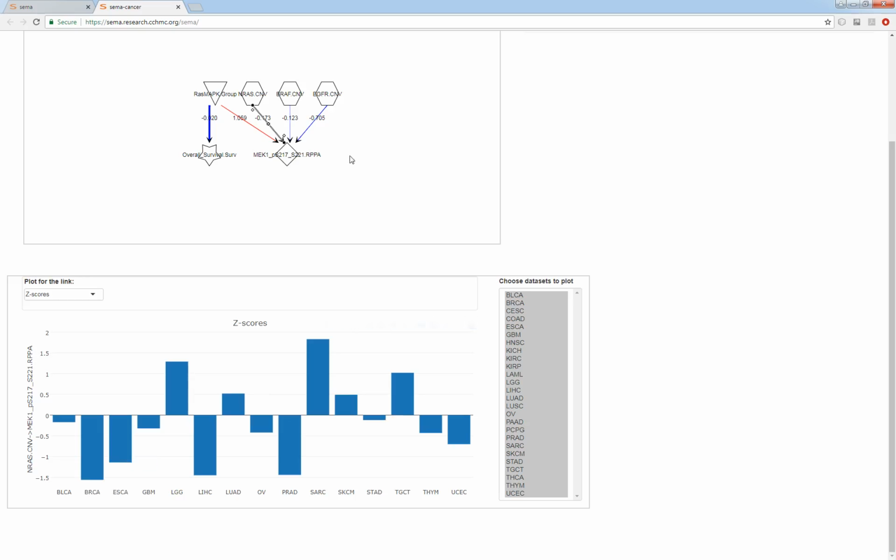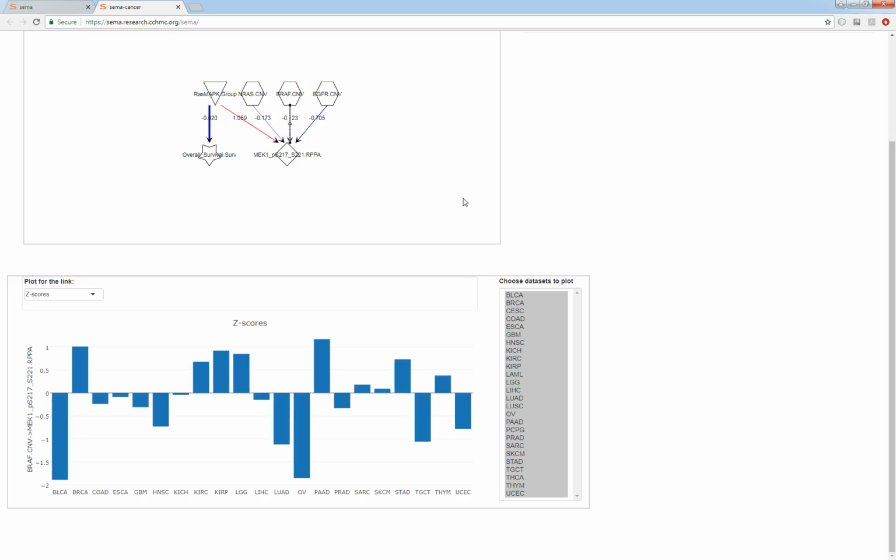And overall, we don't really see that strong of an effect of amplifications on MAPK phosphorylation. Of course, here we're controlling for RAS-MAPK pathway mutations, which may have a stronger effect, and that may confound the effect of these variables.